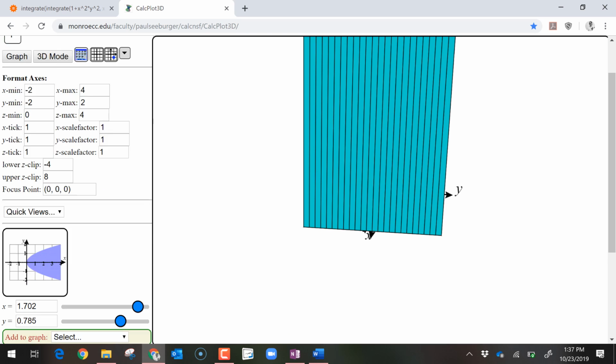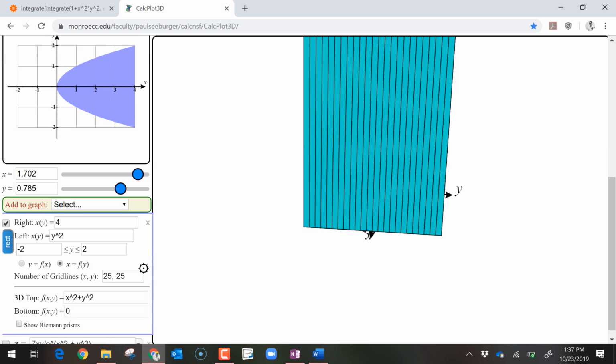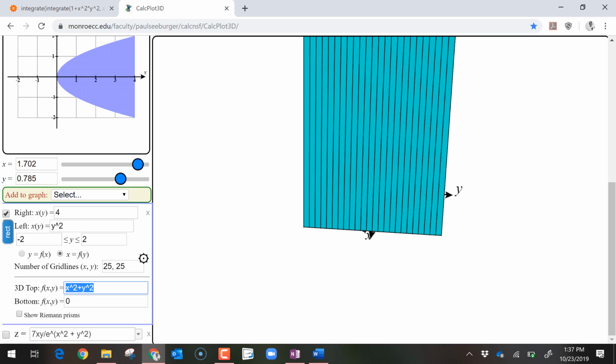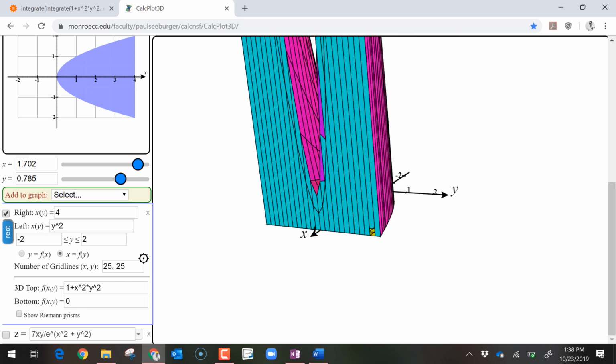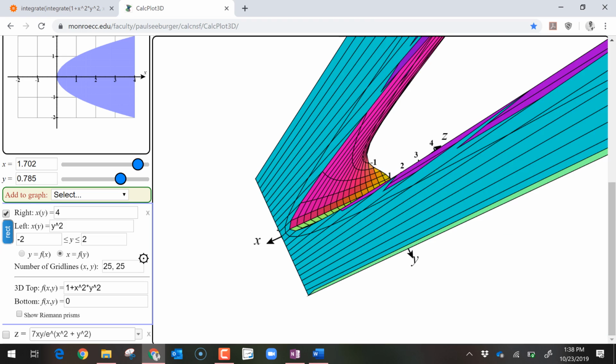All right, that's better. So you see the two-dimensional graph matches our two-dimensional graph. And then now let's put the actual function here, which is 1 plus x squared times y squared. Wow, that looks kind of cool.